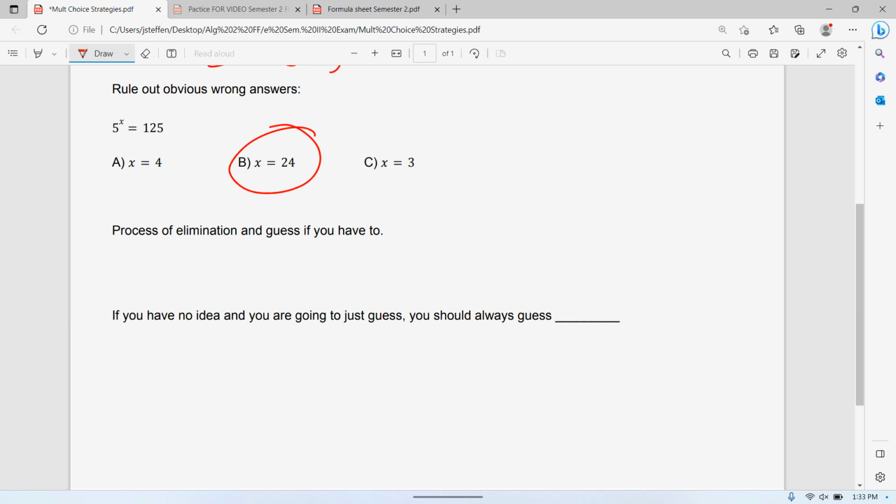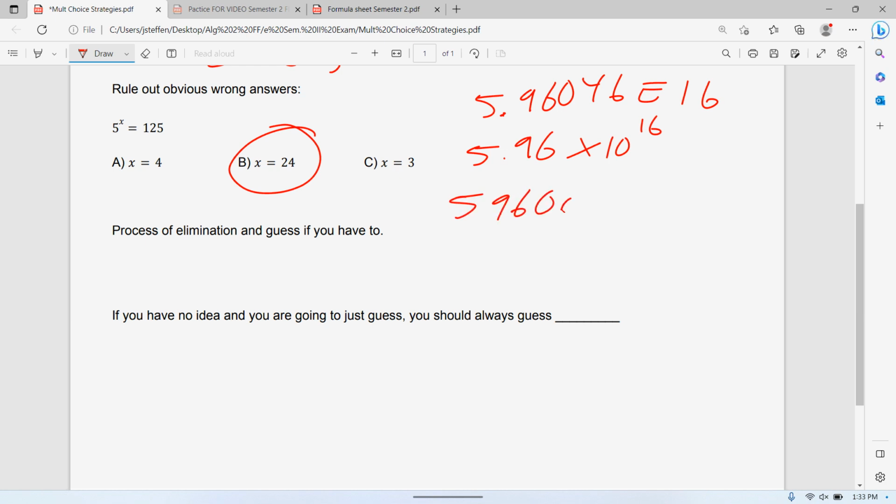It says 5.96046 and then E16, which is scientific notation. That's 5.96 times 10 to the 16th.